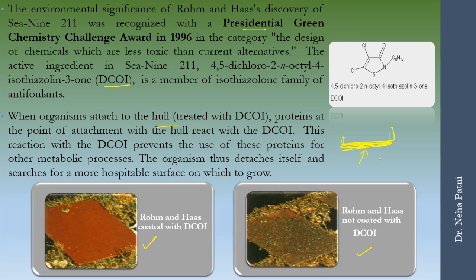So when the organism gets attached, DCOI does not allow the protein to enter into the metabolic process. It does not allow them to reproduce and increase in volume. So the organism detaches on its own and searches for a more hospitable environment to grow, but it does not find one. So the organism will come once, but it will detach itself on its own. That is how this antifoulant works. So this is one of the examples.